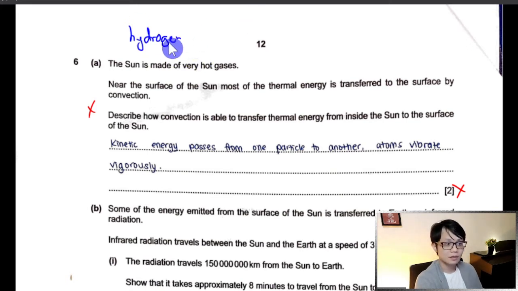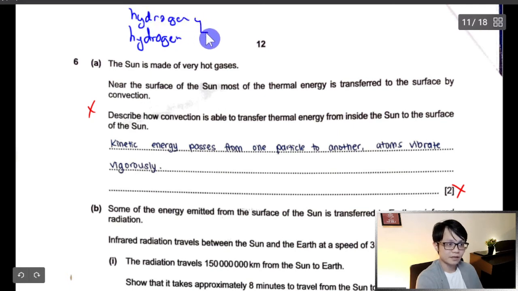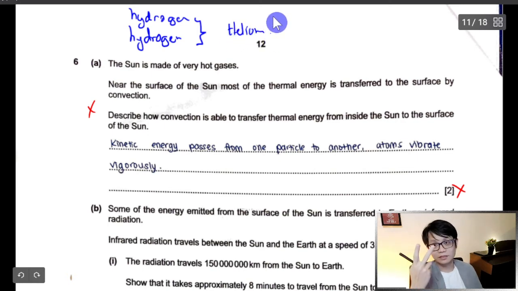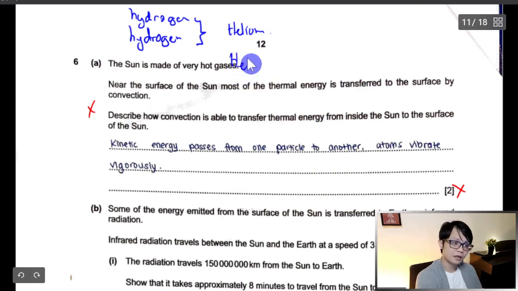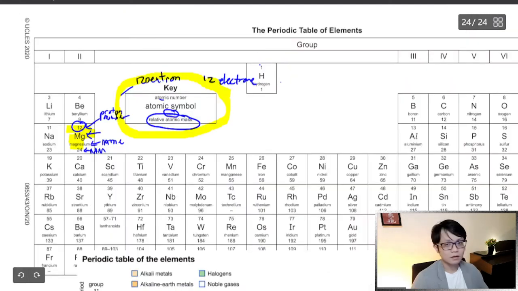But the gravity of the sun is so strong that it fuses 2 hydrogen together to make helium. Helium, because you know that helium has a proton number of 2.